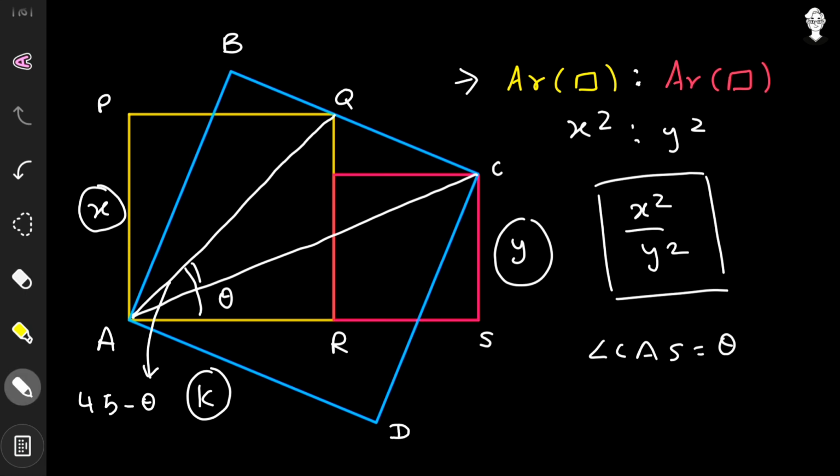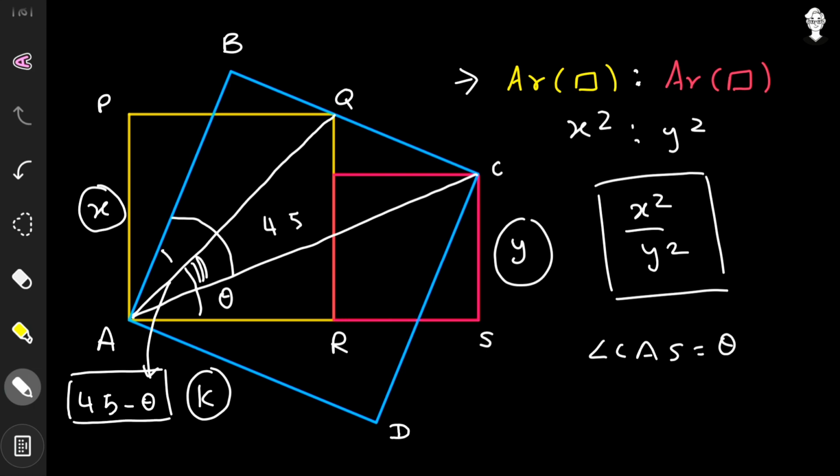Now what can you say about the line segment AC? Again, if you observe carefully, we can note that the line segment AC is the diagonal of the blue square, and again a square's diagonal will bisect the 90 degrees as 45 degrees. So from here to here the angle is going to be 45 degrees. This much angle is already 45 minus theta that we have noted over here.